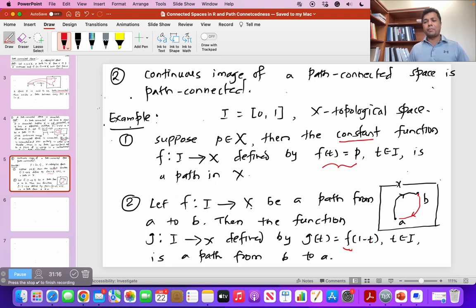But we know f is a path from A to B, so f of 1 is B. That's why g of 0 is B. And similarly, you can find g of 1, which is f of 1 minus 1, which is f of 0, which is A. So this is a path from B to A. So if there is a topological space with a path from point A to B, then there is always a path from B to A as well.